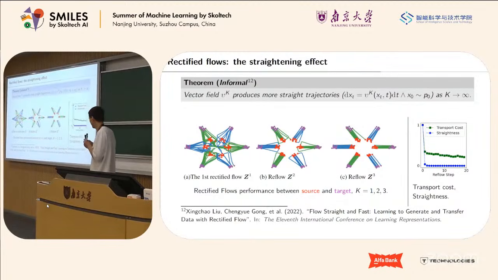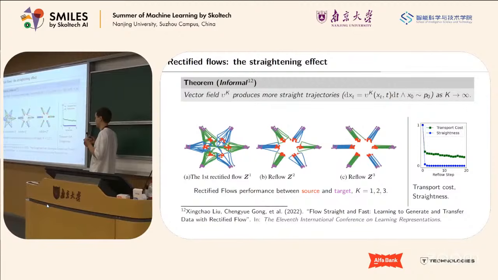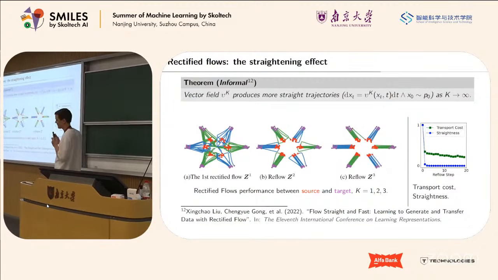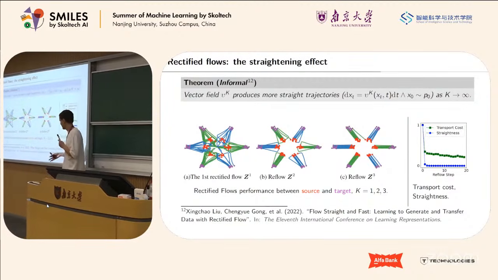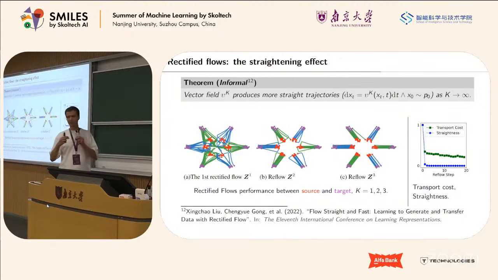Right now I say straightness a little bit informally, but in the original paper, the authors formalize it by some formula.